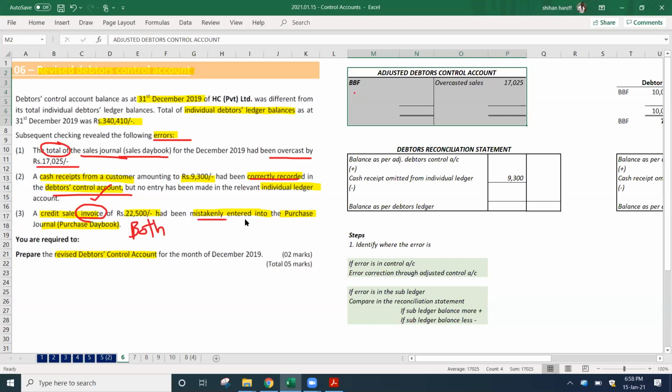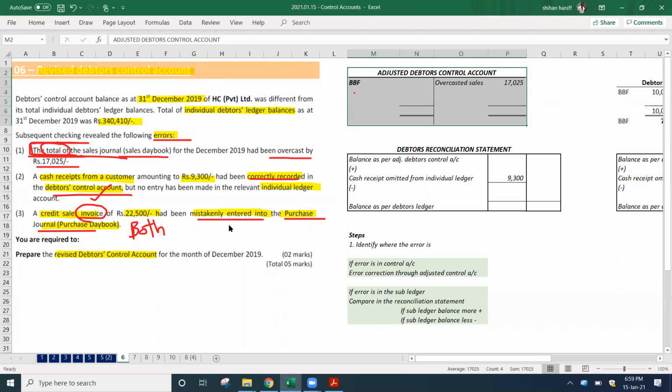Invoice itself mistakenly entered into purchases journal. So when you record in the purchases journal, that journal amount will be taken to the creditors individual account, as well as the total will be recorded in the creditors control account. So remember, if it is only the total, like the first one, then it will affect only the control account.